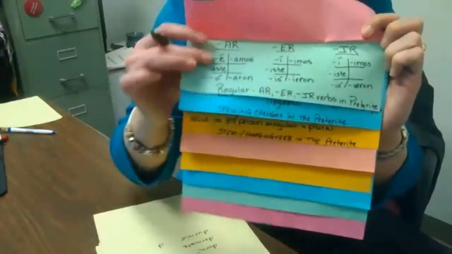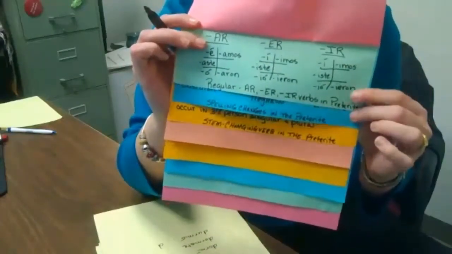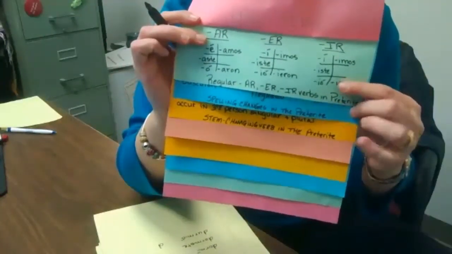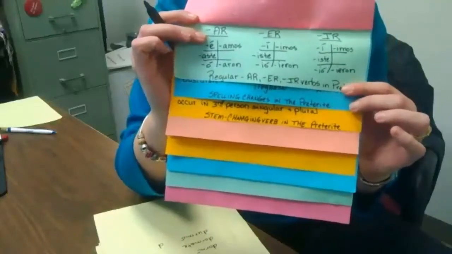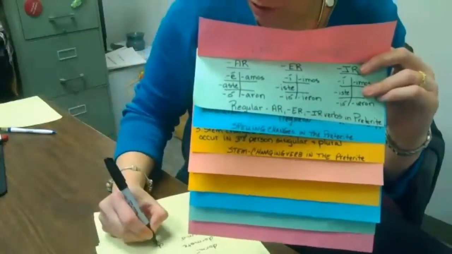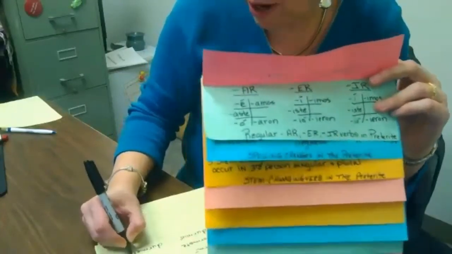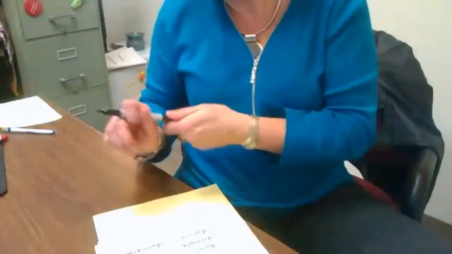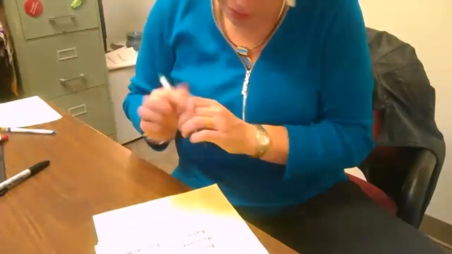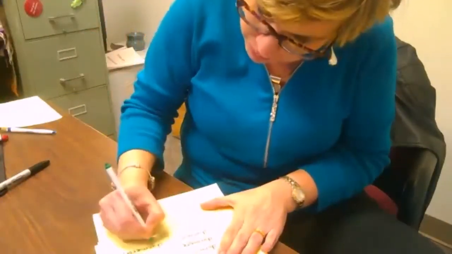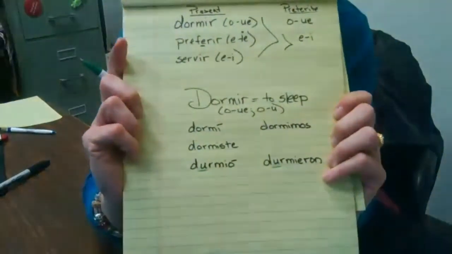And down here again, in this box, this is our third person plural. You're going to use your ending ieron, but you're going to have to make the stem change. So it's D-U-R, durmieron. Let me show you what I did here. I conjugated the verb dormir.